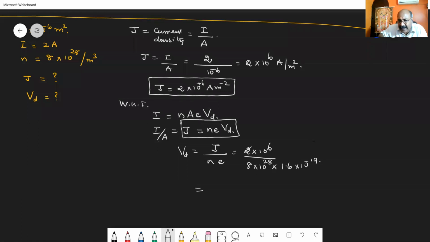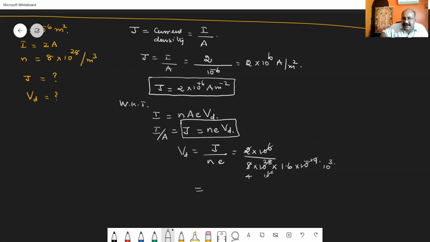See, this 2 and this 8, if you cancel, you will get 4. Then here you have 10 power 28, and here you have 10 power 6. If these two are cancelled, you get 10 power 22. Then this 10 power 22 and this 10 power minus 19 get cancelled. You get 10 to the power of 3. Isn't it?